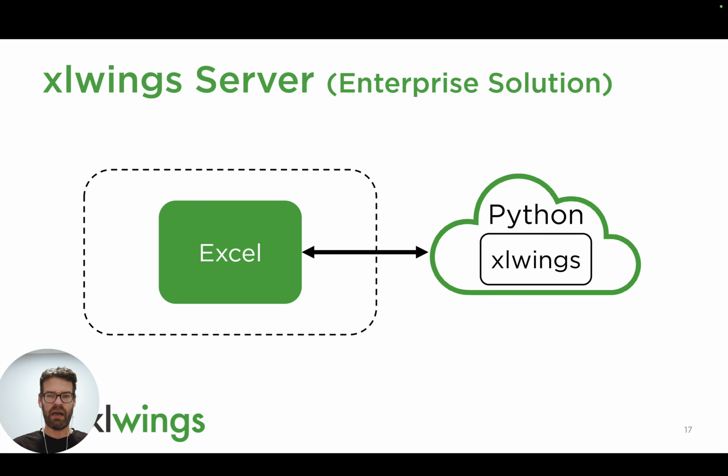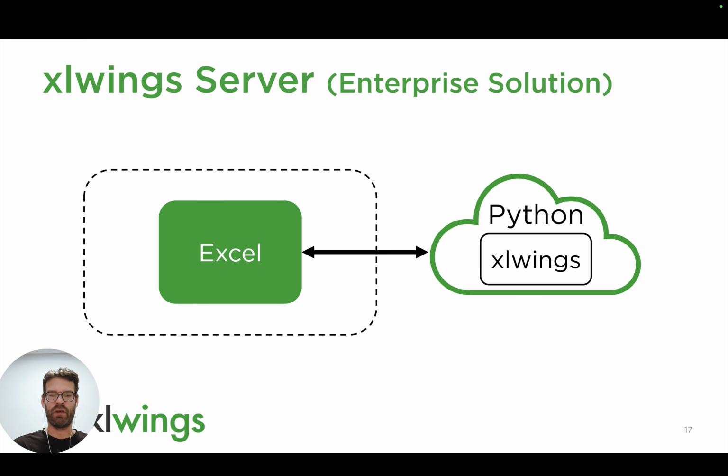It does share with xlwings Lite the fact that you do not have to install a local Python installation on the end user's machine. That's relatively big, and that's the main difference between the Lite version and the server version compared to the open source version.